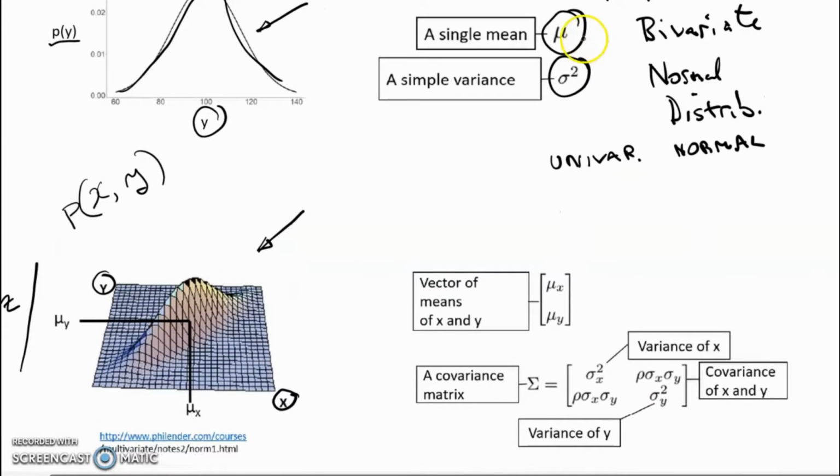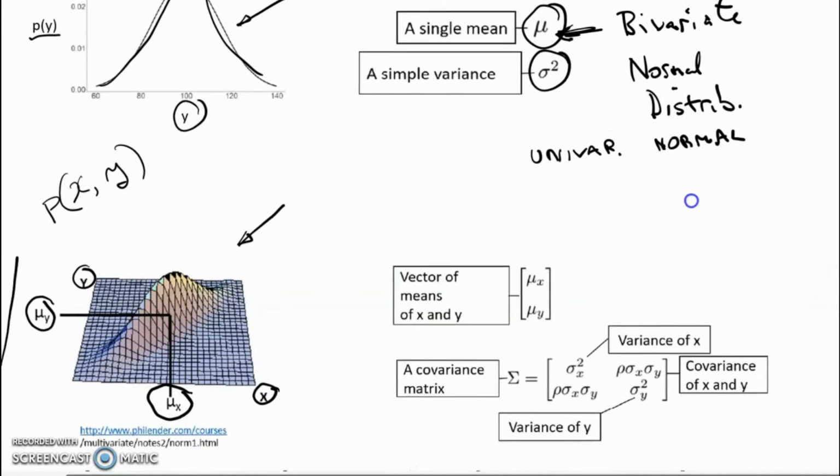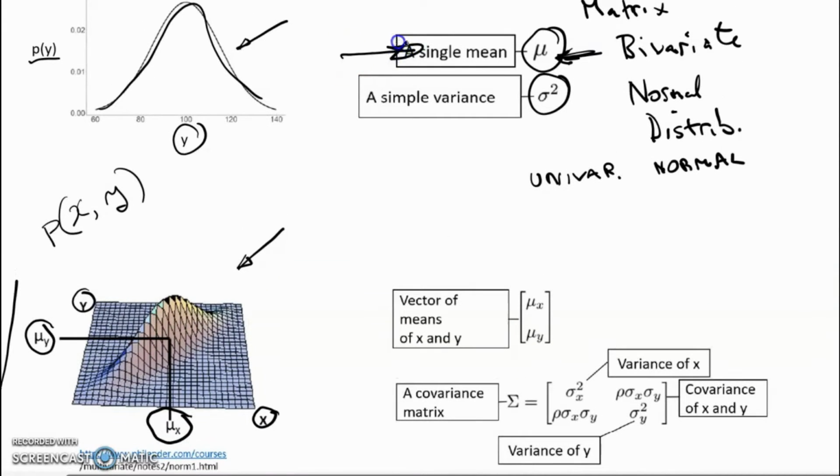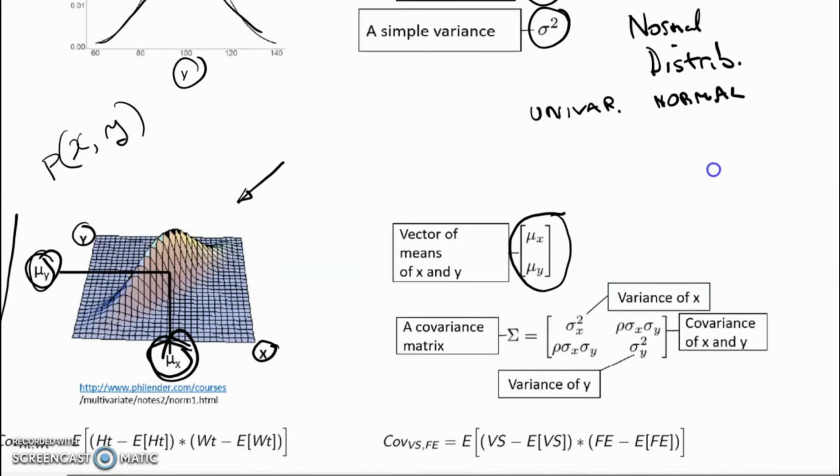So up here, there was a single mean. Down here, we have to consider two means, the mean of the x random variable and the mean of the y random variable. And therefore, the mean isn't presented like this. Rather, it's presented as a vector of these two means, this guy here and this guy here.